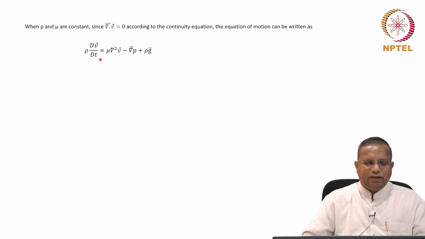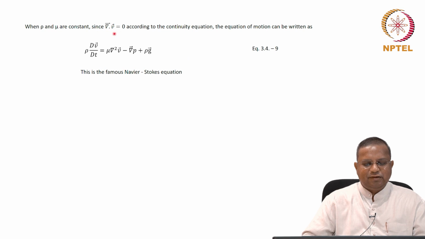If you do that, then the equation becomes nice and compact: rho dv dt equals mu del squared v minus del p plus rho g. Okay, this is a nice equation. This is for a Newtonian fluid, of course, not as general as the previous equation, but that's okay. It's very useful. This is equation 3.4-9.